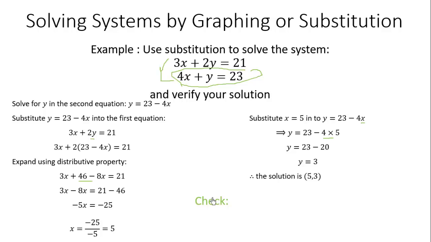Wherever we see x in this system, so this is the system given to us, we replace it with 5. And wherever we see y, we replace it with 3.